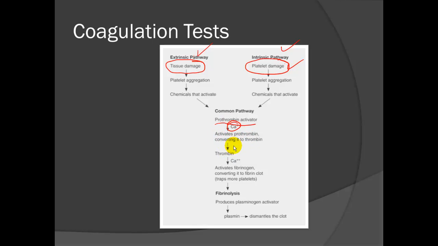Once you've activated prothrombin, it converts to thrombin. This is a building block of the actual clot, or what I considered in my previous lectures as a brick. This activates fibrinogen and converts it to fibrin, and you get a fibrin polymer that develops.